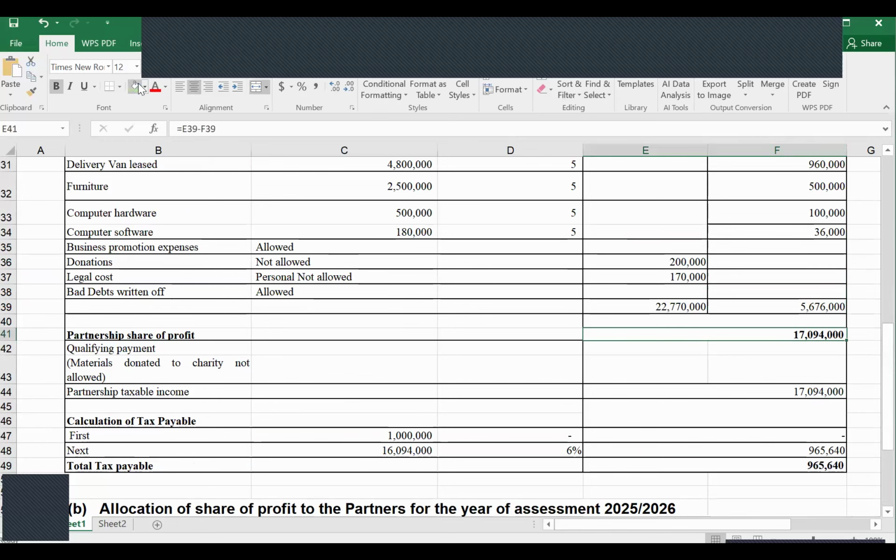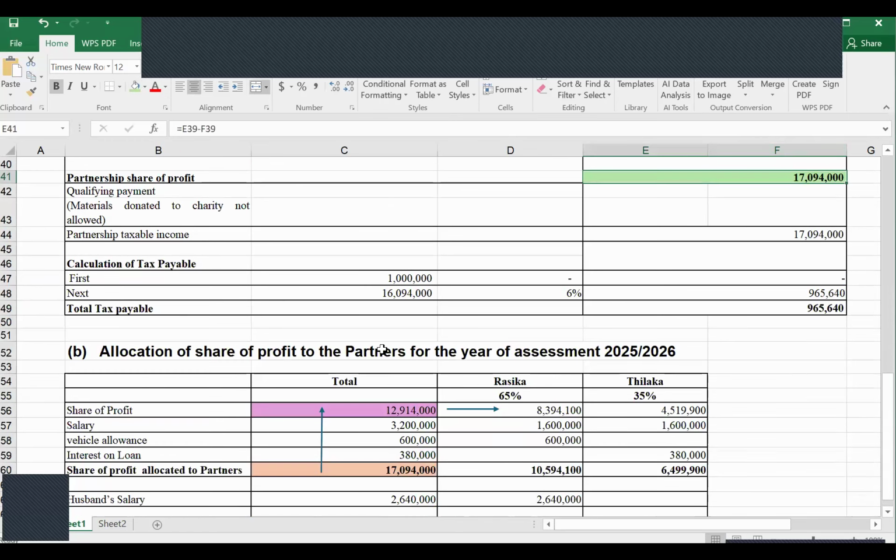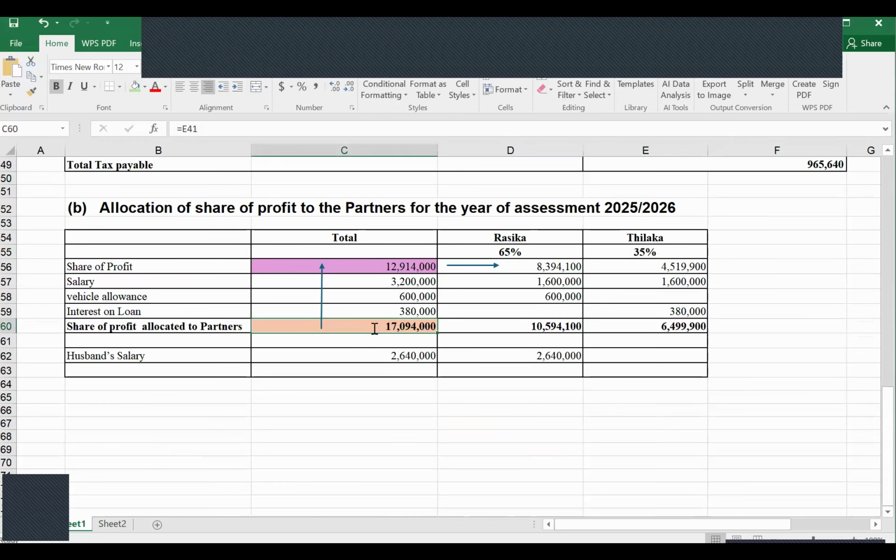This one. 17,094,000. After that, using these 4 figures, we can calculate share of profit.